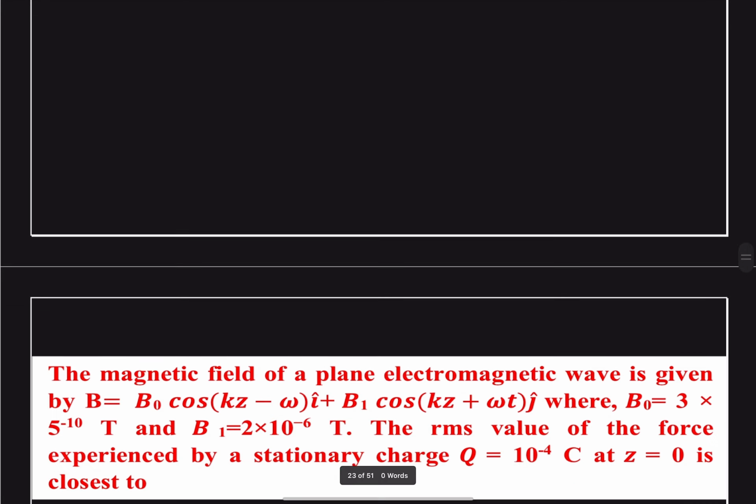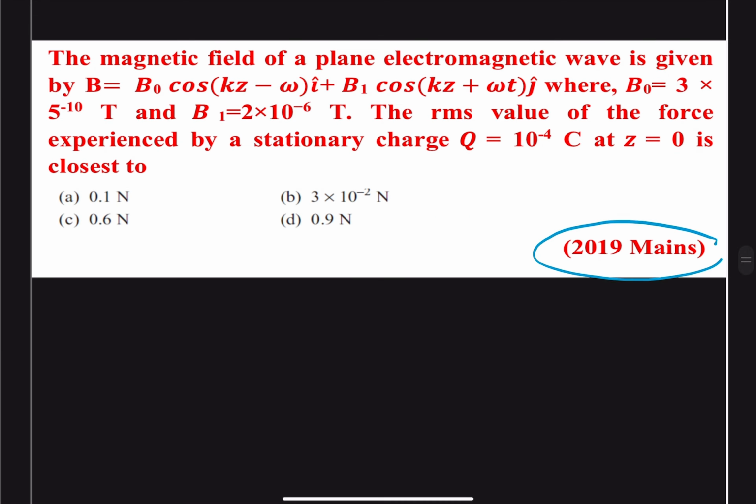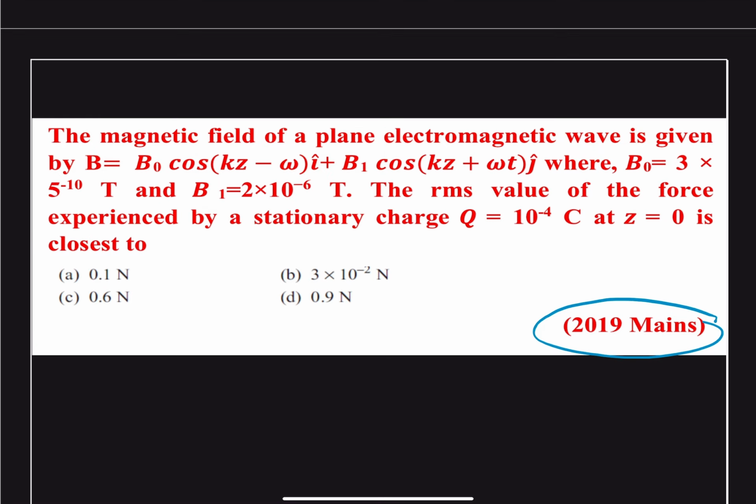So we come to the next question. It was also asked in the year 2019 mains, and it states that the magnetic field of a plane EM wave is given by B naught cos of kz minus omega t i unit vector plus B1 cos of kz plus omega t j unit vector, where B naught is 3 into 10 raised to the power minus 5, and B1 is 2 into 10 raised to the power minus 6.